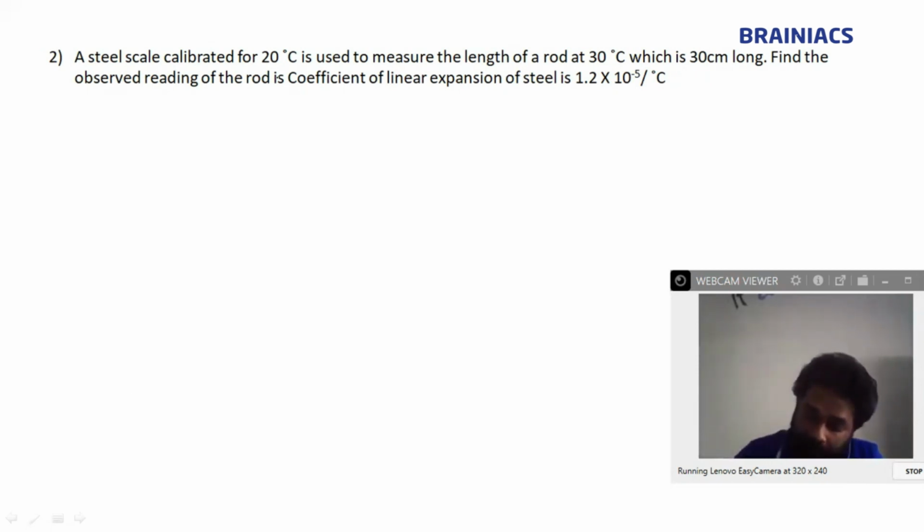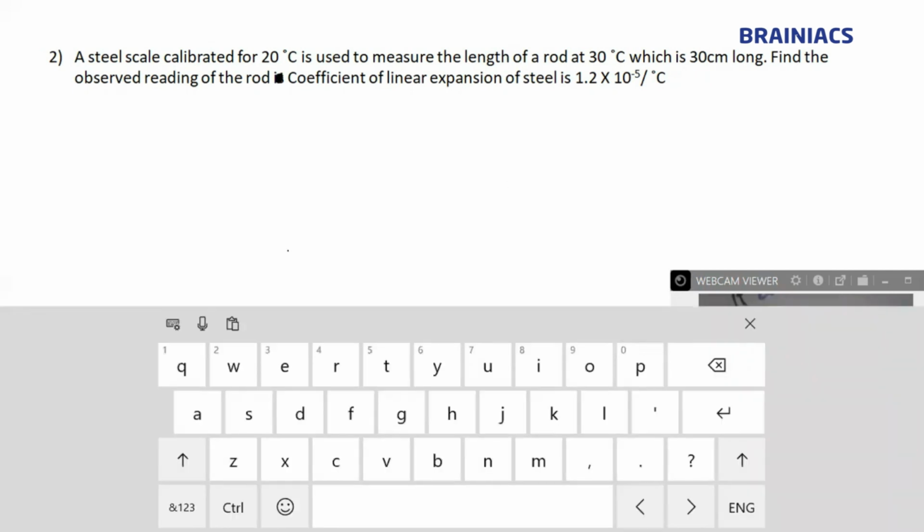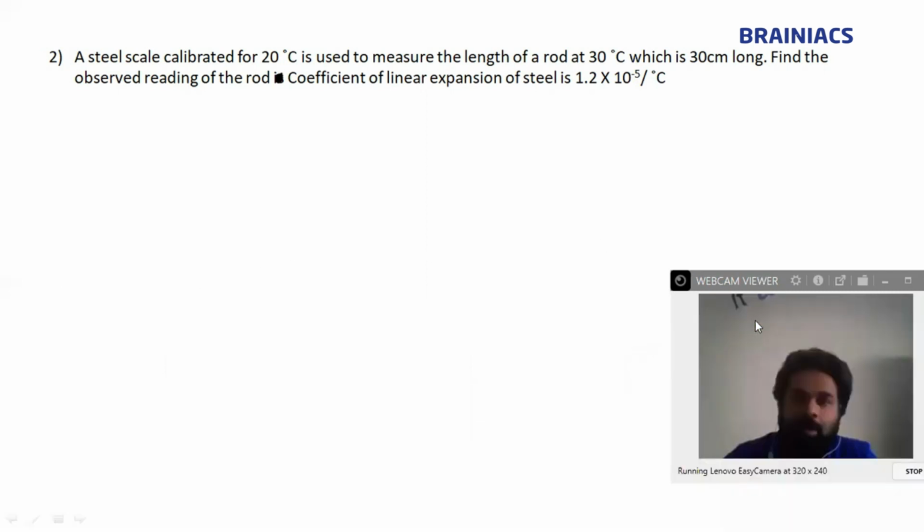The coefficient of linear expansion of the steel is 1.2 into 10 raised to minus 5 per degree Celsius. So here the steel scale is calibrated for 20 degrees Celsius, means it will give the correct reading at 20 degrees Celsius. But here it is used to measure the length of a rod at 30 degrees Celsius.